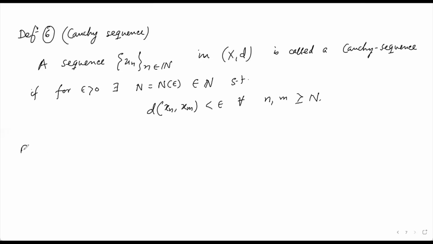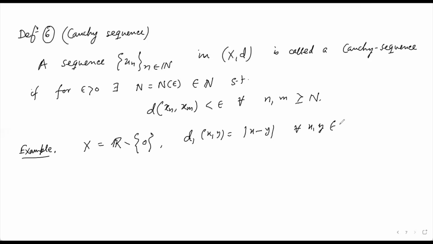For example, consider X equal to the underlying set R minus the singleton set {0}, and the metric d1 of x comma y equal to the absolute value of x minus y for all x comma y belongs to X. This is the underlying space and this is a metric on X, so X comma d1 is a metric space.